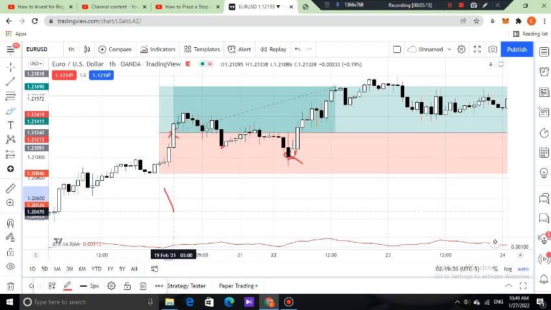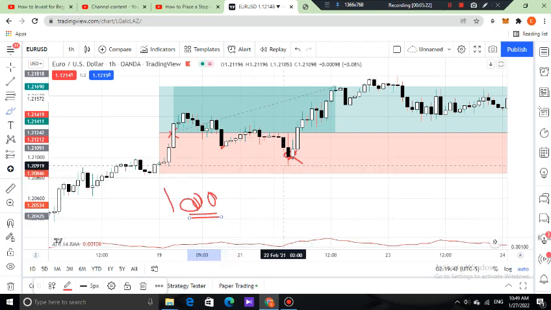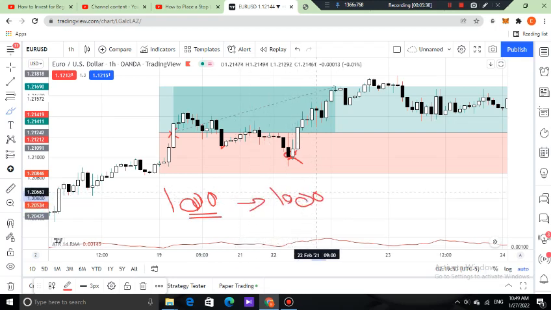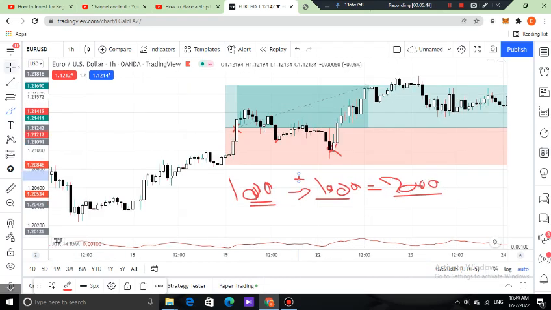For example, if they took 1000 units, they add another 1000, and they have 2000 units in total. So that's what adding to your position means.